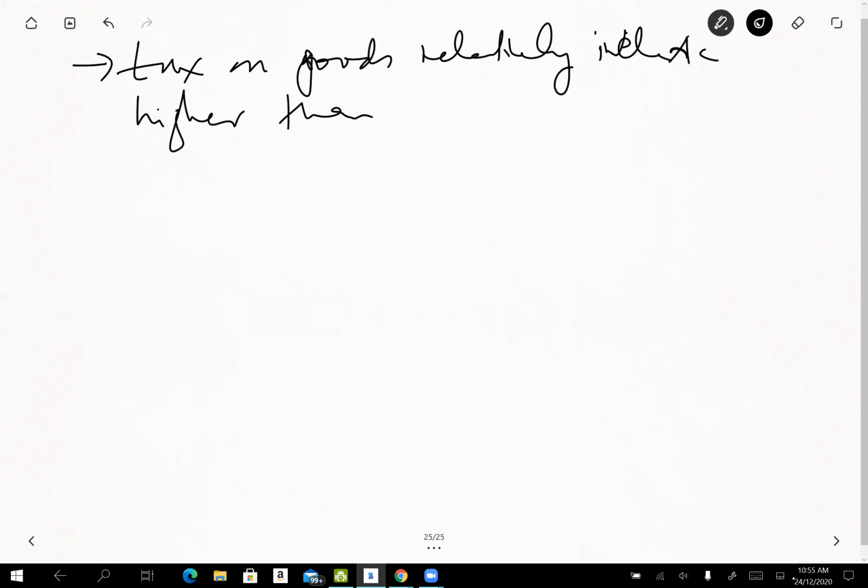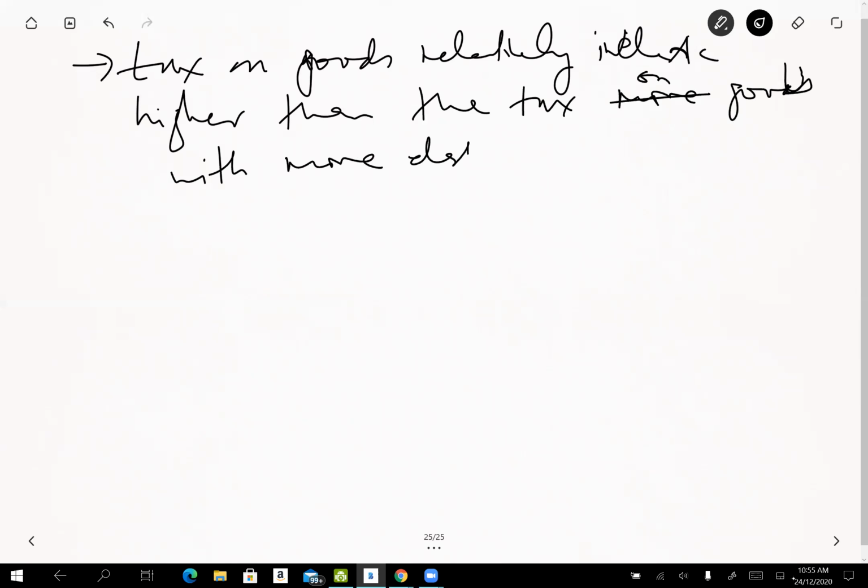Then the tax on goods with more elastic demand should be lower. That will make our total excess burden smaller. So by doing that, we are minimizing the total excess burden.